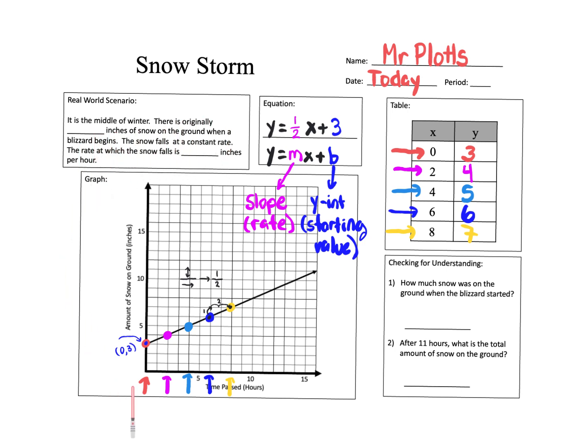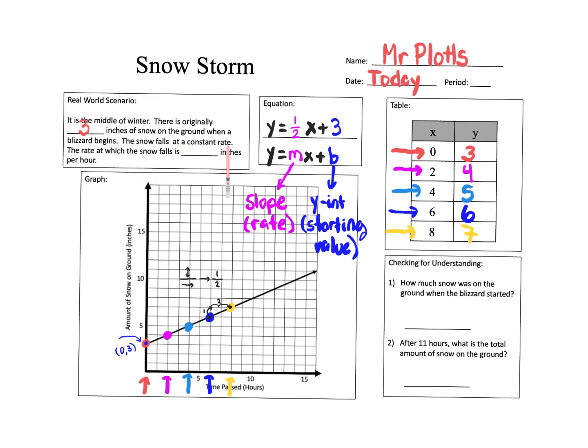When something is just beginning, the time passed is going to be 0, and the output when that is 0 is, in this case, 3. So I have a 3 here and a 3 here. It makes sense that after 0 minutes have passed, there are 3 inches of snow on the ground.